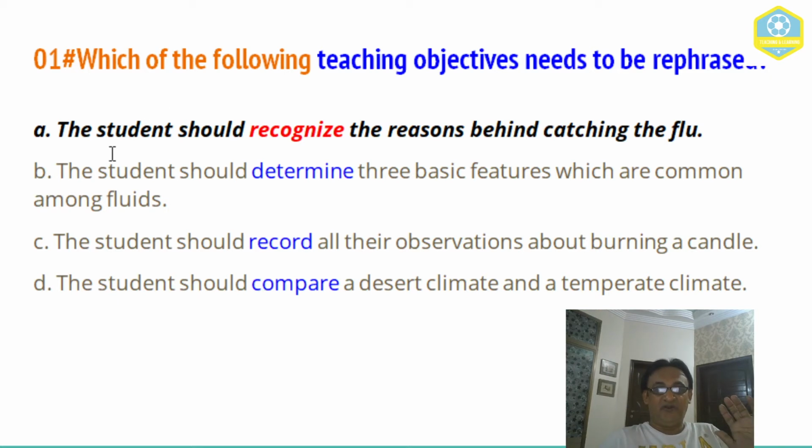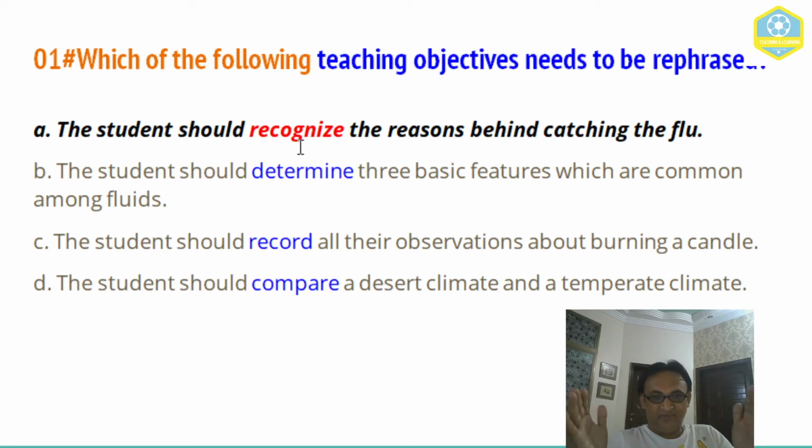So according to this, the student should recognize the reason behind catching the flu needs to be modified because recognize is not suitable. Students have different learning styles in the classroom, and this represents that there's no action they have to do. They just have to recognize. So it needs modification. It needs to be rephrased.